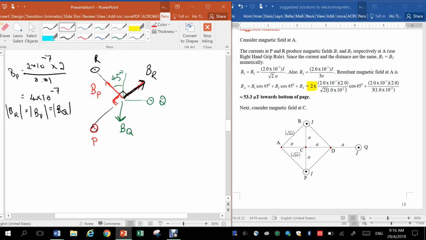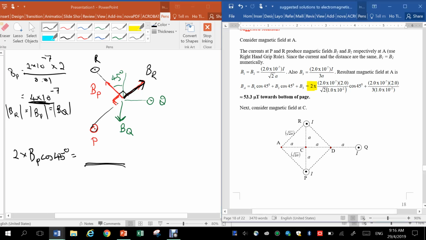So cut the story short. 2 times BP cosine 45 degrees. Find this value. You can compare this value with the 4 times 10 to the power minus 7 that we have here, which is larger. Okay.